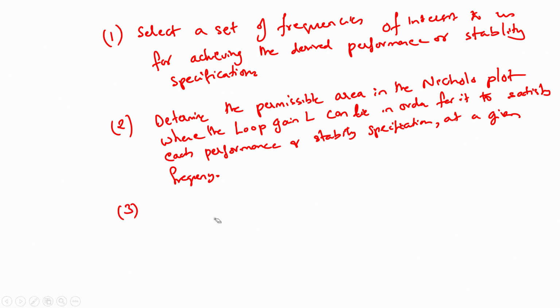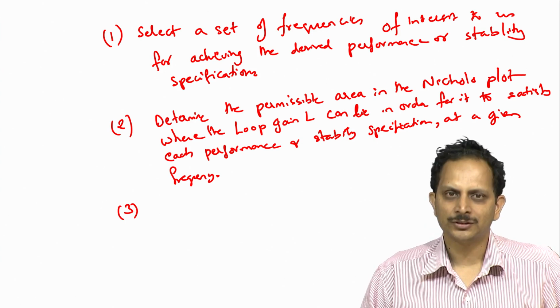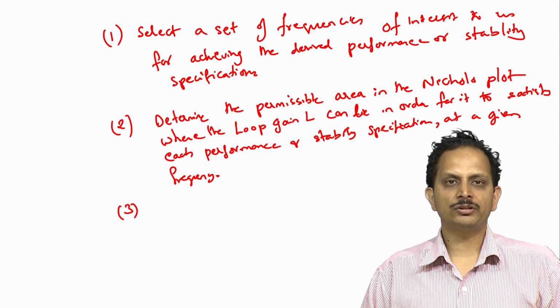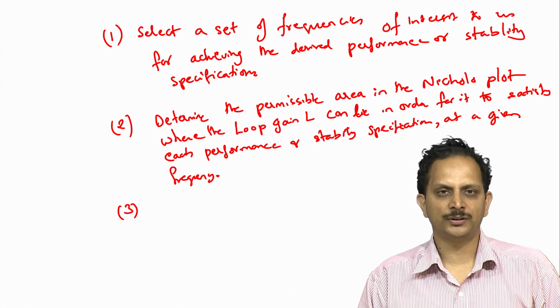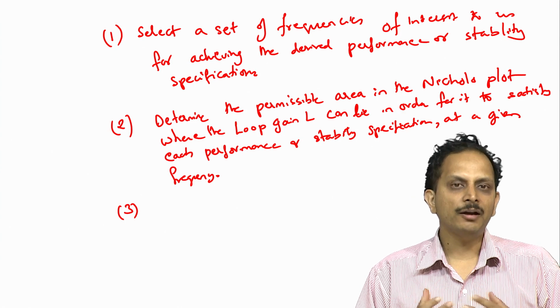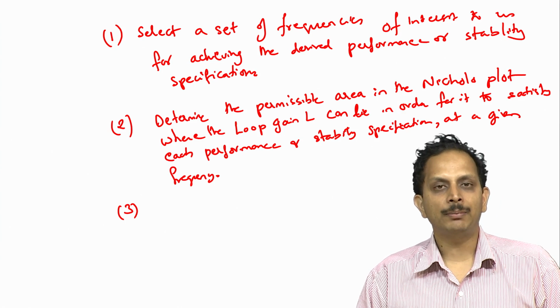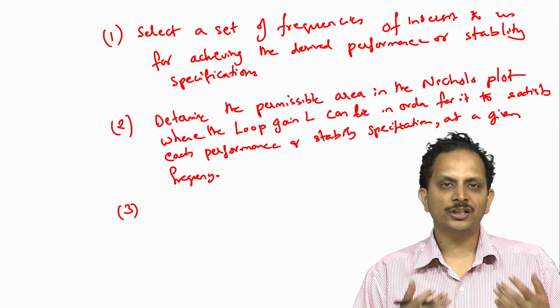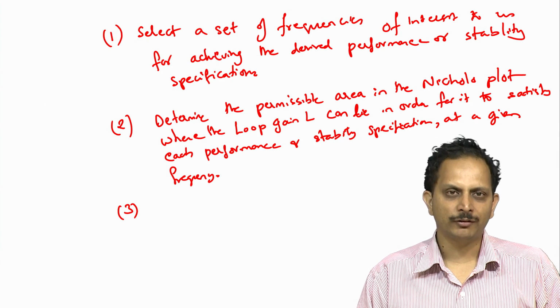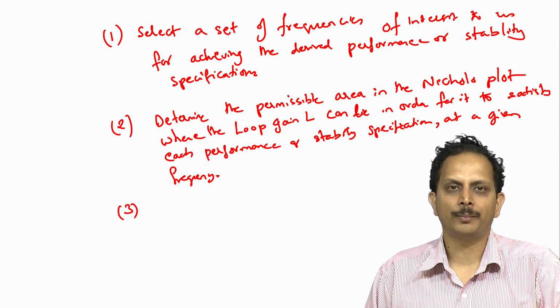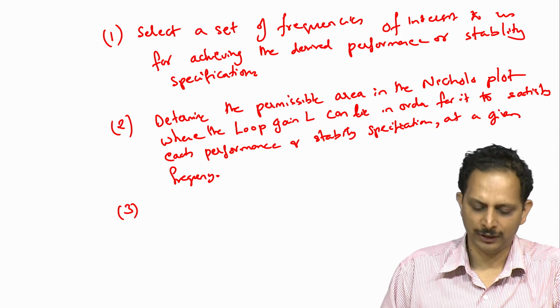The third step is to determine the intersection of these permissible areas, because for the control system to simultaneously satisfy the multiple performance specifications, the area in which the loop gain can be permitted to lie would be the intersection of the permissible areas in which it can lie for it to satisfy each of the individual performance specifications at a given frequency.